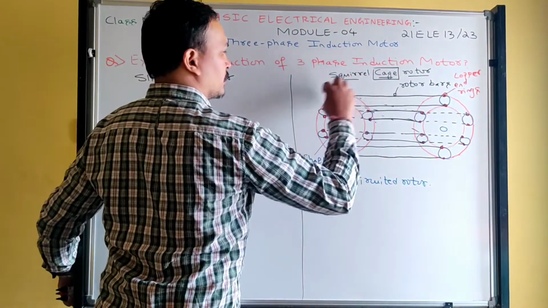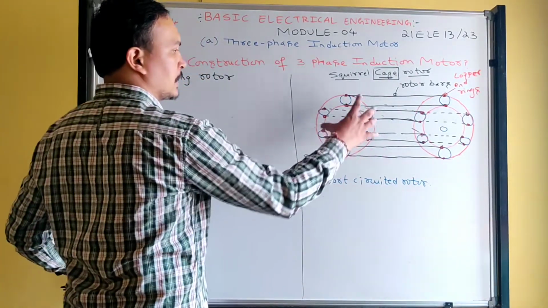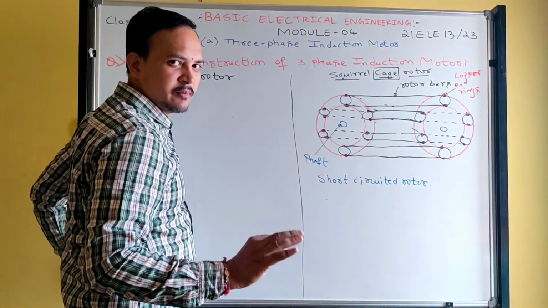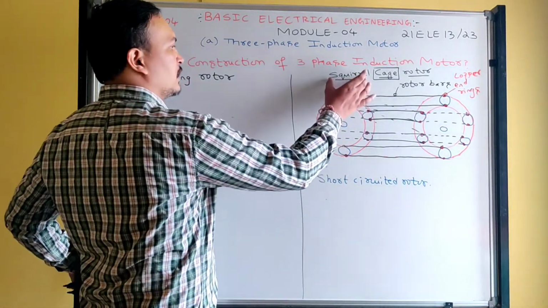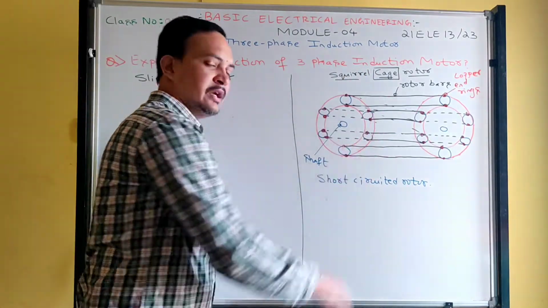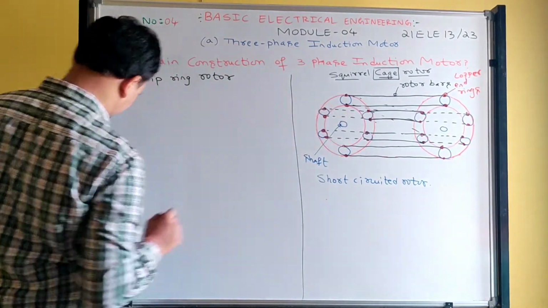This one is connected to that one. This type of connection will produce some noise. If you don't want noise when the machine is running, then you make the rotor with squirrel cage. Okay, much more comparison I want to explain, that we can look into later.